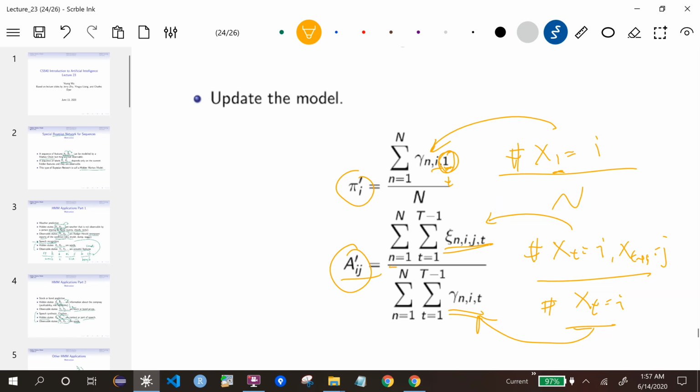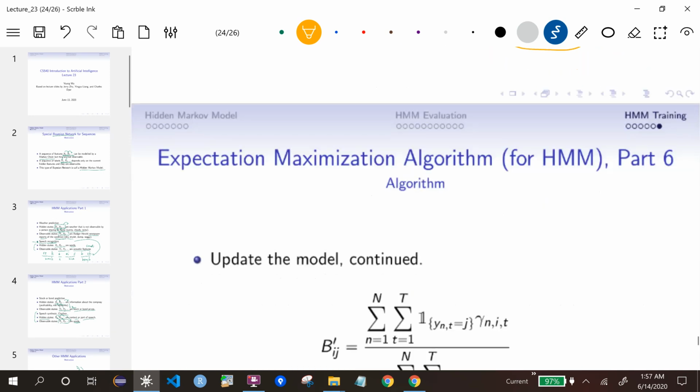And note that we are summing over all the instances, so basically all the training sequences, where each instance is a sequence, and also summing over all possible times, because we just want the frequency, the number of times we have i transition to j. It doesn't matter at which time point within a sequence it is happening.